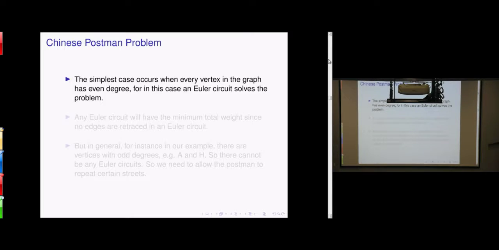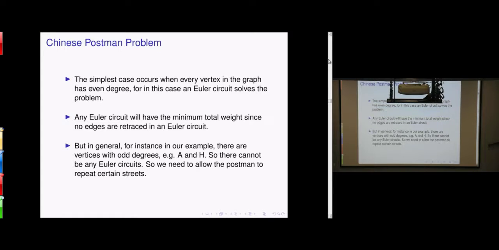And the Euler circuit is minimum because it didn't waste anything, because it traveled each edge exactly once, right? So any Euler circuit will have the minimum total weight, since no edges are retraced or traveled twice.